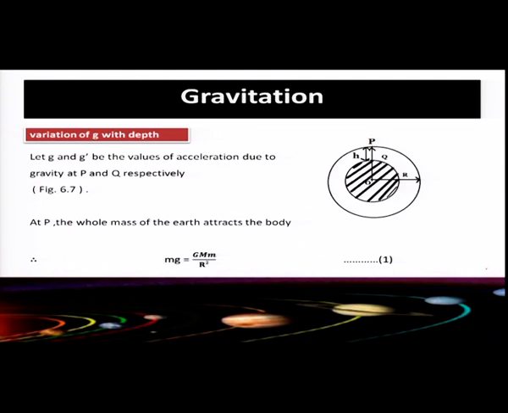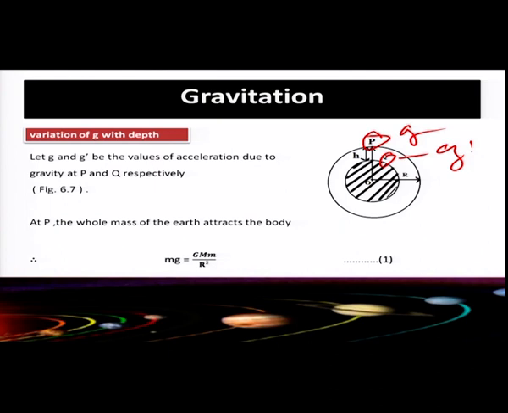And let us now calculate or derive an expression of variation of g with the depth. Let g and g dash be the values of acceleration due to gravity at a point p and q respectively. Let us consider this is the surface of the earth, and at p let the acceleration due to gravity be g, and at q let the acceleration due to gravity be g dash.